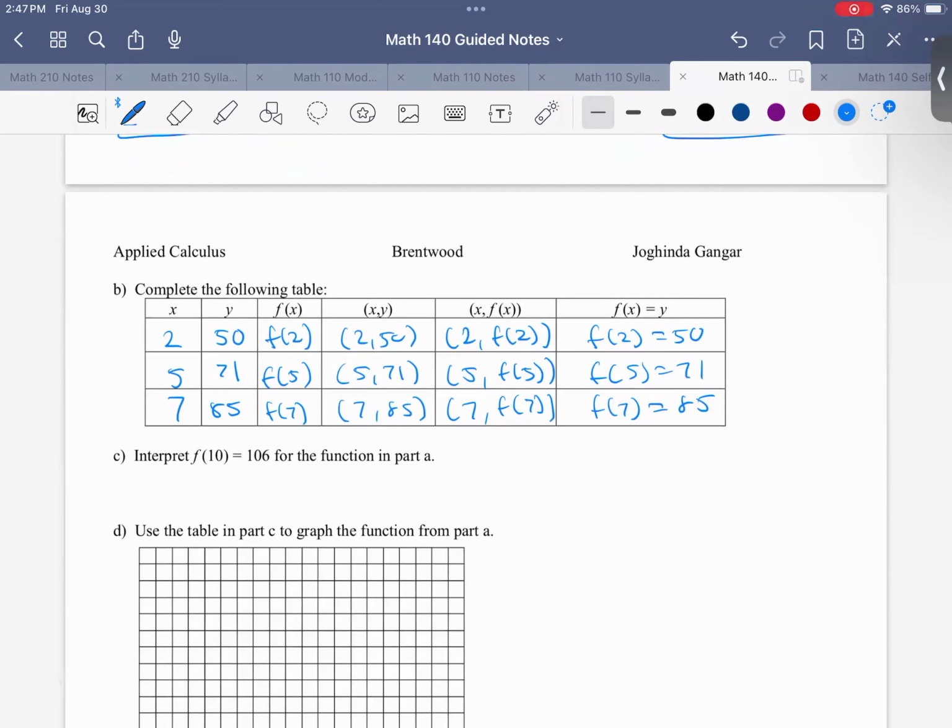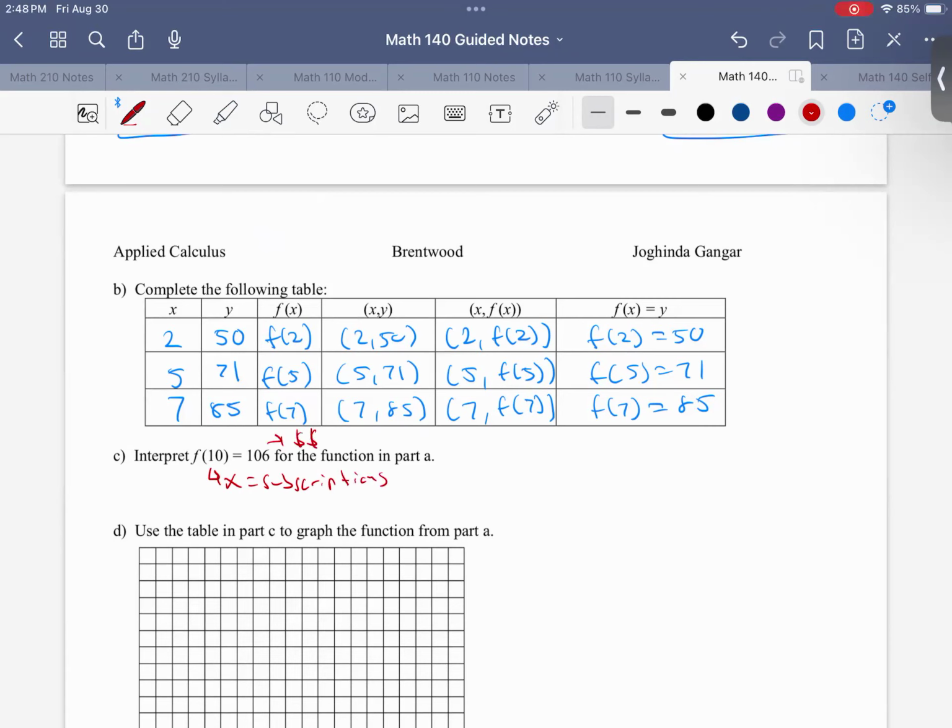So last one, interpret f of 10 equals 106 for the function in part A. Remember, x equals subscriptions and 106 equals dollars.